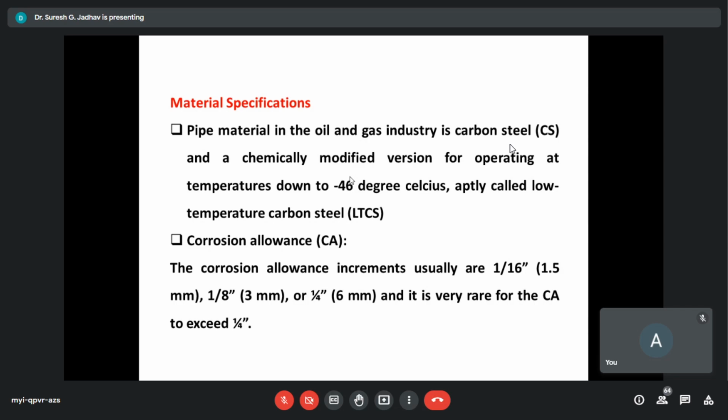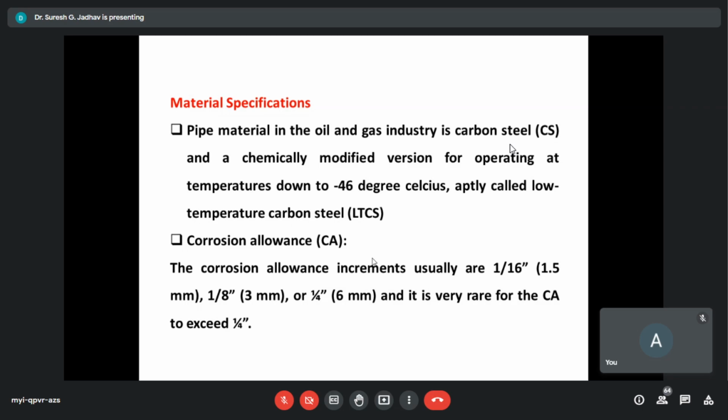Both versions of carbon steel combine strength and a basic level of resistance to corrosive services. In slightly more corrosive service, an additional calculated corrosion allowance, which we call CA, can be added to the wall thickness of the pipe.